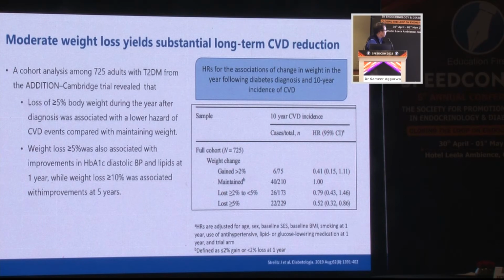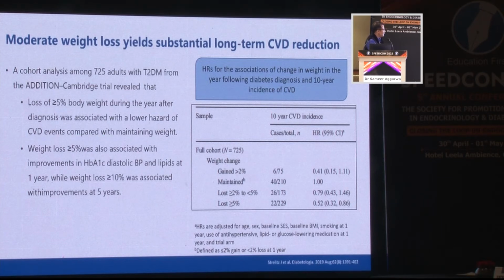Moderate weight loss yields substantial long-term cardiovascular disease risk reduction. So I think weight loss greater than or equal to 5% is associated with improvement not only in HbA1c but also in blood pressure and lipids. That is one of the important things, and losing more than or equal to 5% body weight during the year after diagnosis is associated with a lower hazard of CVD events compared with maintaining weight.